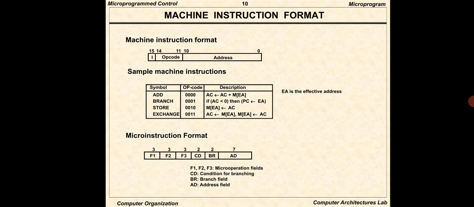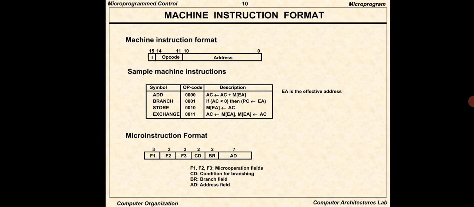In total 20 bits are there. 7 bits are used for the address field.